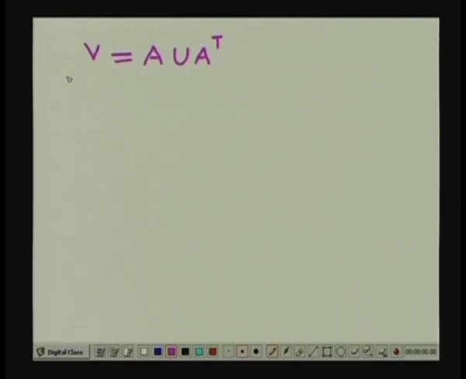To get the basis images, we have to take the outer products of the columns of matrix A conjugate transpose. In this particular case, because it is a real matrix, A conjugate will be the same as A. We take the transpose of it, and after taking the transpose, we take different columns and take the outer products of the columns to find the basis images.